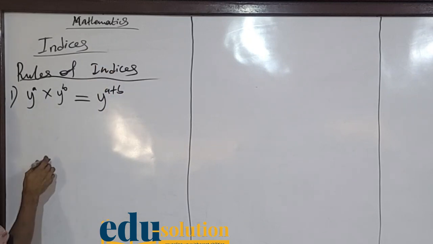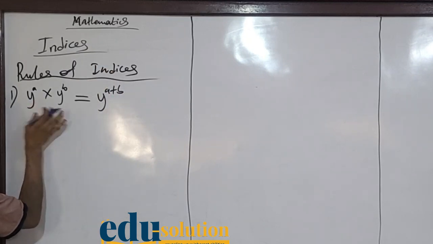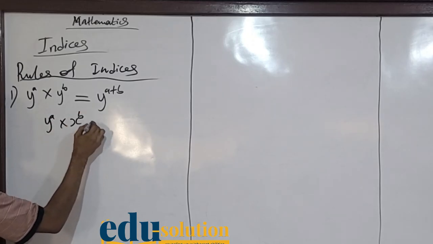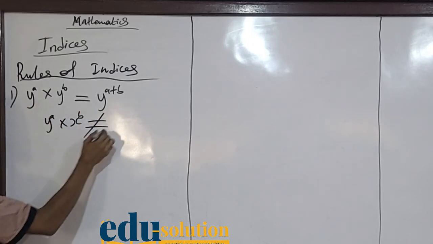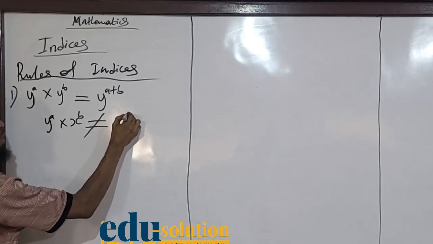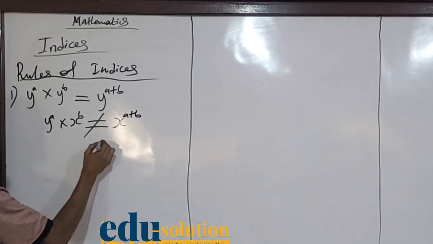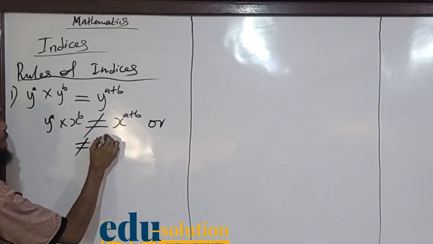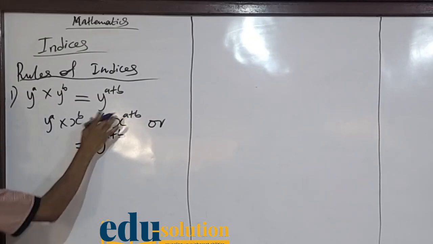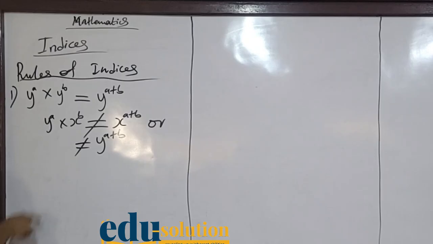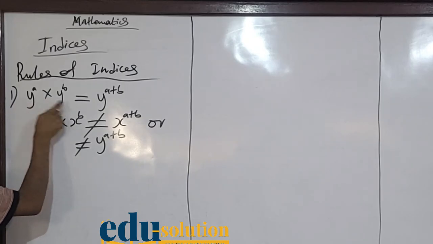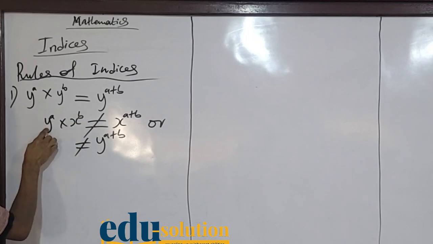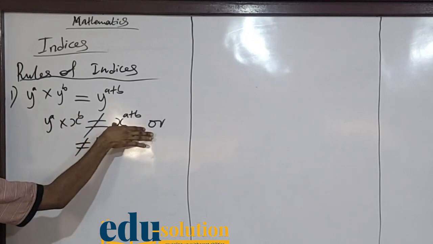If you want to compare this with another thing, if you have y raised to the power a times x raised to the power of b, it is not equal to x raised to the power of a plus b, or y raised to the power of a plus b. This is wrong, the reason being that it must be the same variable y and y before we can have this to be correct. This is not correct because this is y, this is x. So we cannot have it this way.